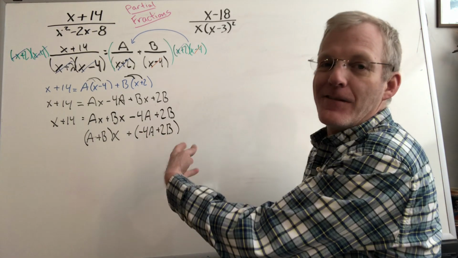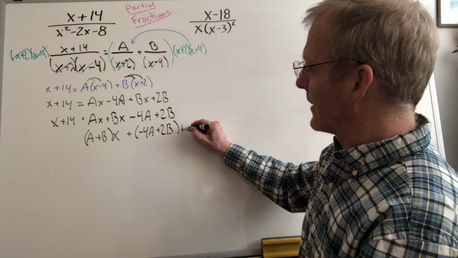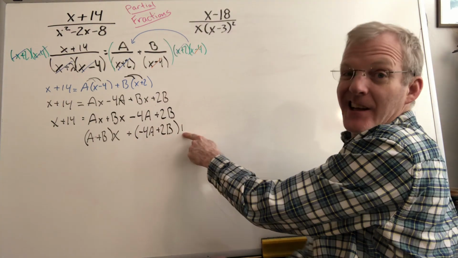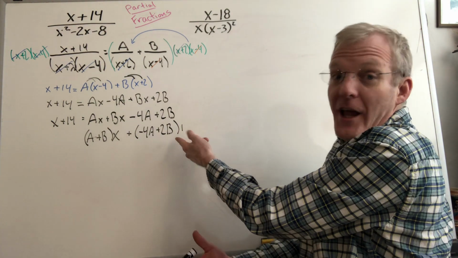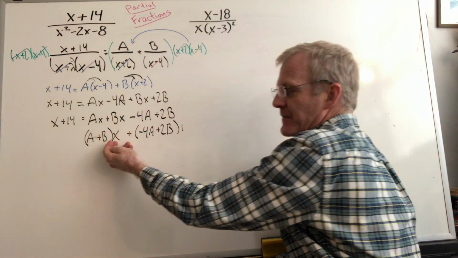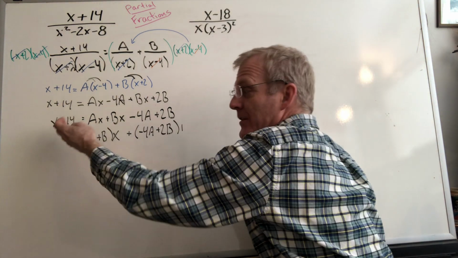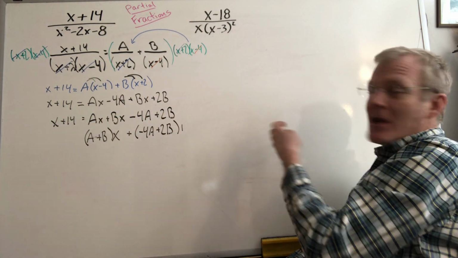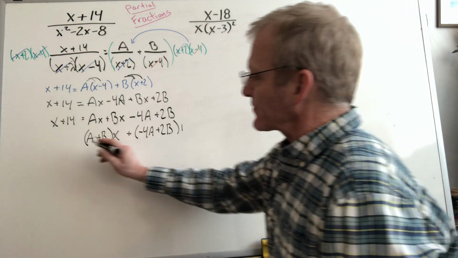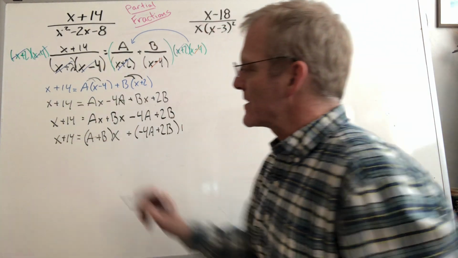That, like, factor out a 1, a constant, right? Let's do that just to show it. I'll put the 1 right there. So this factored out an x to the first power. This factored out an x to the 0 power, 1, right? So when we get to higher powers, you'll take out an x squared, x to the first, no x, 1. X to the third, the second, the first, the 1. We're not going to go that far up, only up to squares. So anyways, this still equals x plus 14.